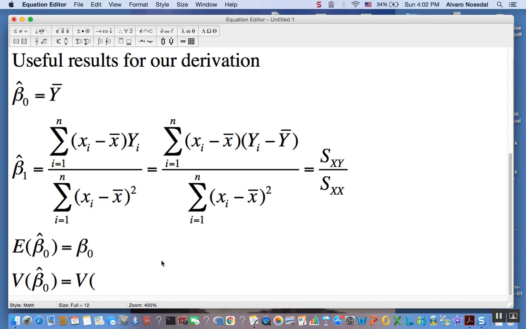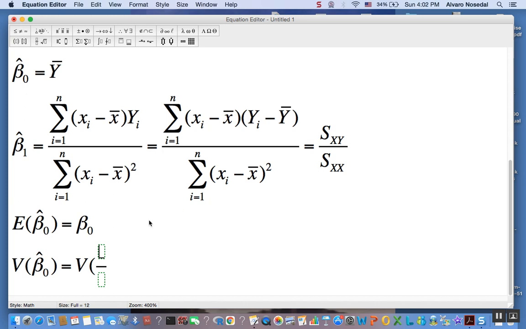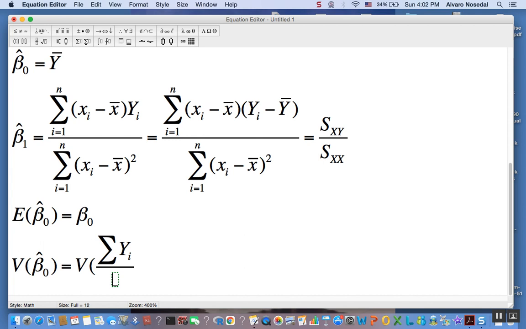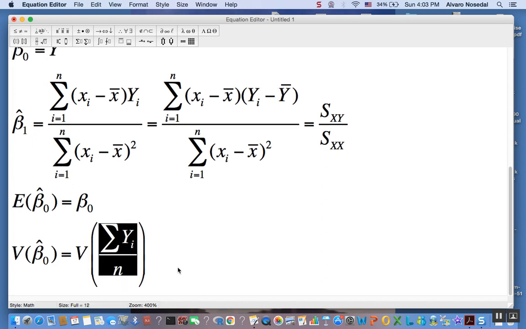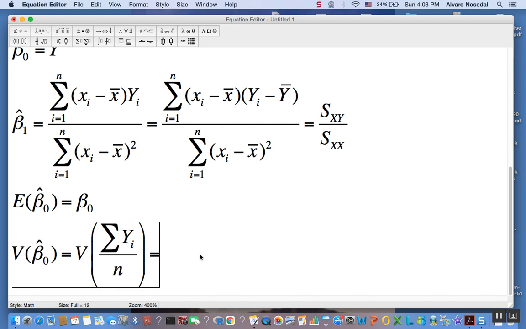Remember that the estimator is y bar, which is the sum of those y's divided by n. We know that these y's are independent, so the variance of a sum is the sum of variances.